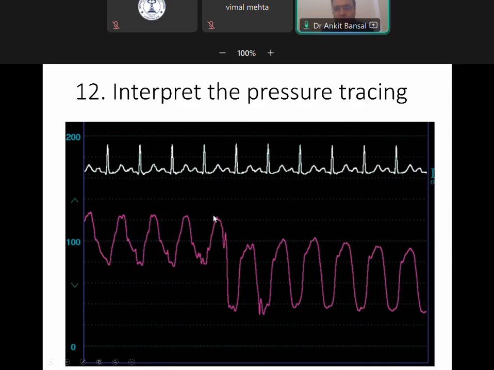You have to remember this thing. Here the LV systolic pressures are less than the aortic pressures, and the diastolic pressures are higher than the true LV diastolic pressures. So this is the damped trace because of the ventricularization.